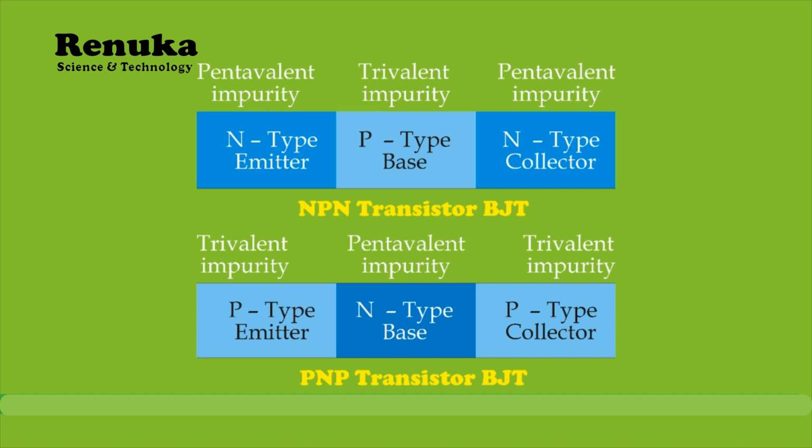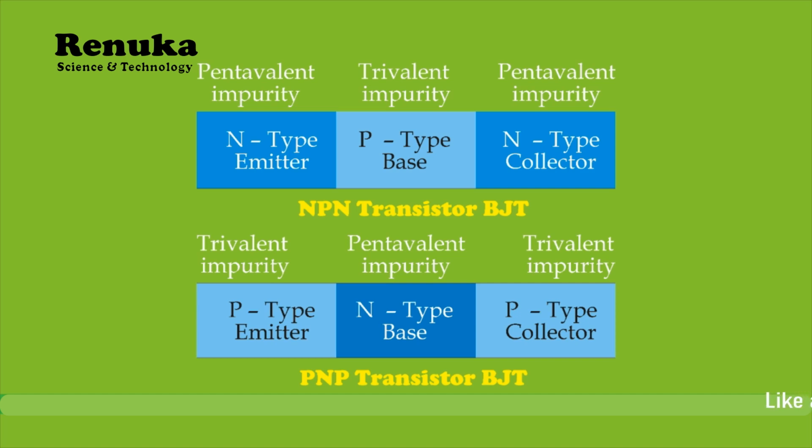We have seen that while constructing the BJTs or bipolar transistors, we have used a pure semiconductor in which two ends are doped with the same type of impurity, and the middle region is doped with another type of impurity. We have used trivalent and pentavalent impurity.